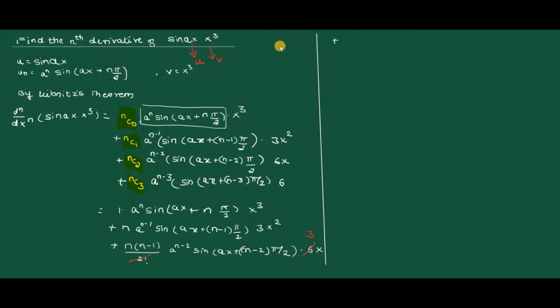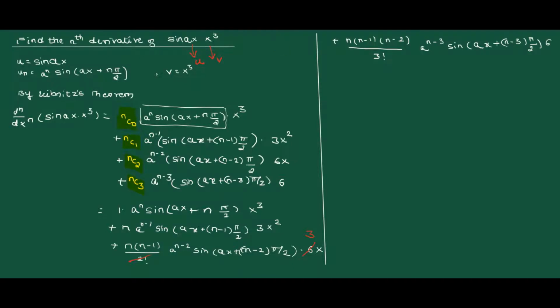Plus, nc3 value is n into n minus 1 into n minus 2 divided by 3 factorial, a raised to n minus 3 sin ax plus n minus 3 into pi by 2.